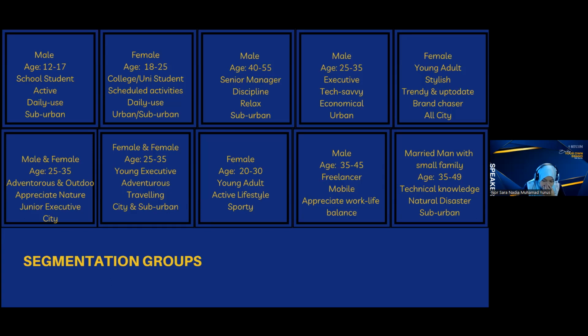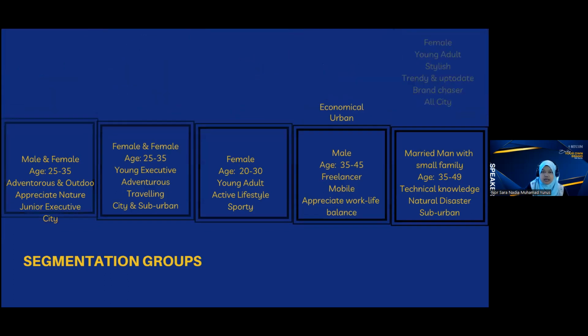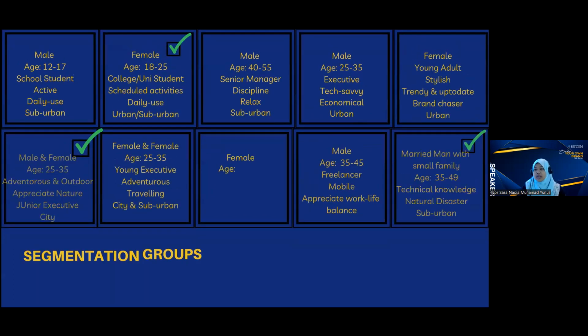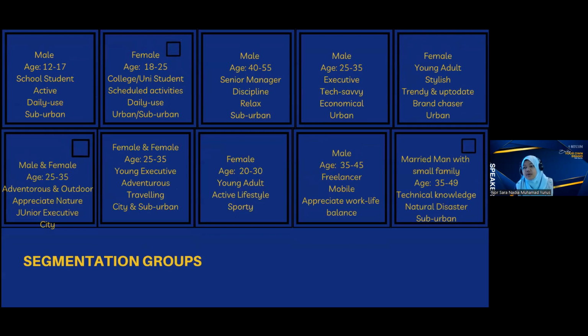So out of 10 groups that we identified earlier, we had 10 groups, right? Let's pretend I am the marketing manager for that self-filtered water bottle. So I choose 3. I choose the 3 most promising groups that I see potentially generating a very good profit for the company in the future. Again, what is the reason I did not choose all 10?